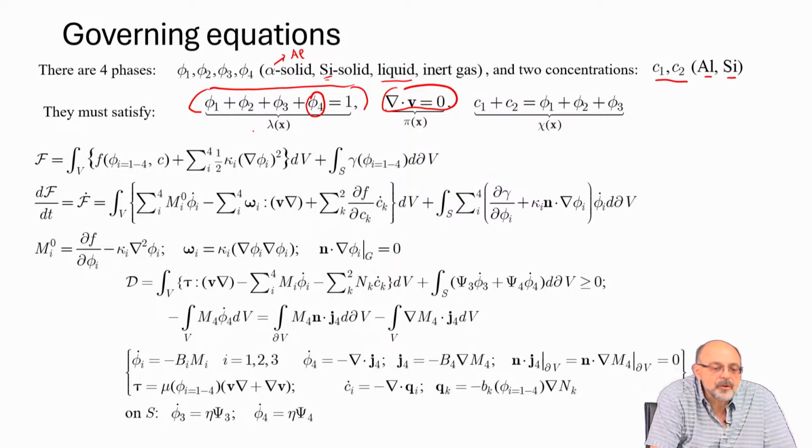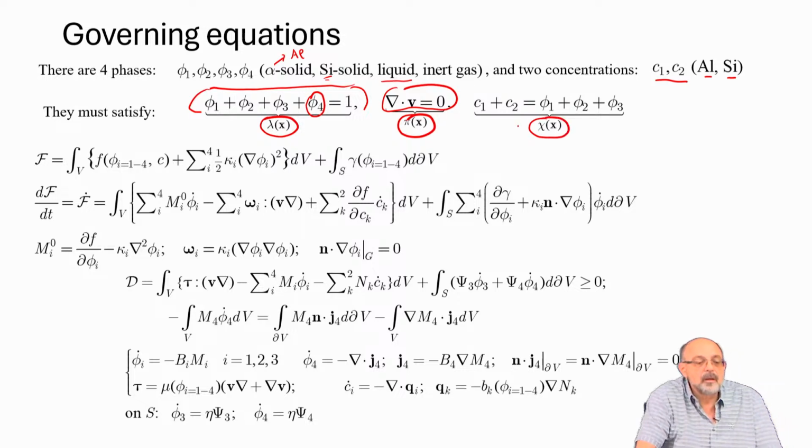These conditions will be enforced by Lagrange multipliers. This will be the non-capillary pressure. The Lagrange multiplier which goes with the incompressibility condition always turns out to be pressure. And this is the third Lagrange multiplier.